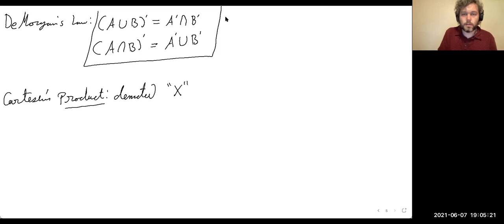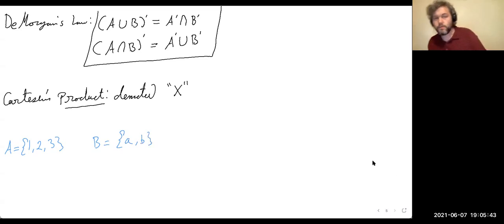Oftentimes with these things, it's a little bit easier to see an example than to describe it in words. So that's what I'm going to do. If I have the set A equal to 1, 2, 3, and B is the set, let's say, the letter A and the letter B, I'm going to show what the Cartesian product is.